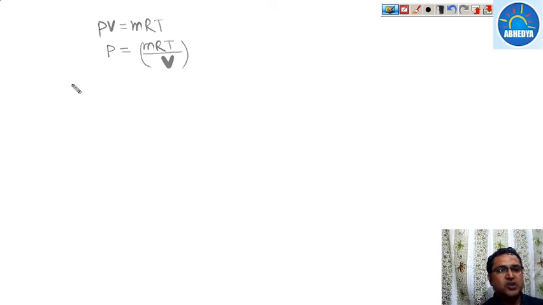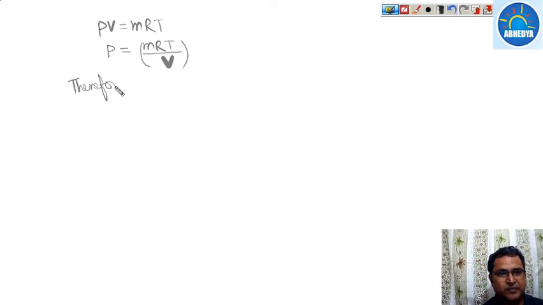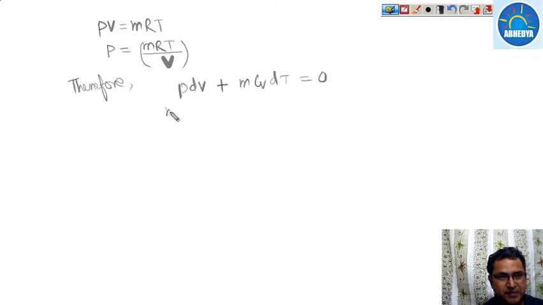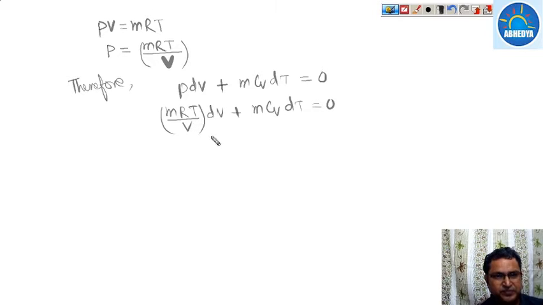So PV is equal to mRT, and from here we get the value of P as mRT divided by V. Therefore, in the equation PdV plus mCv dt equal to 0, the value of P is mRT upon V, so mRT upon V dV plus mCv dt is equal to 0.